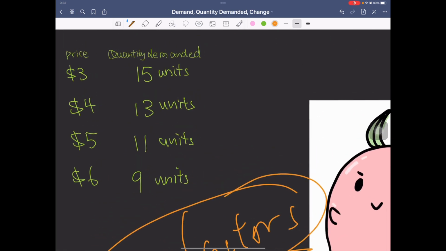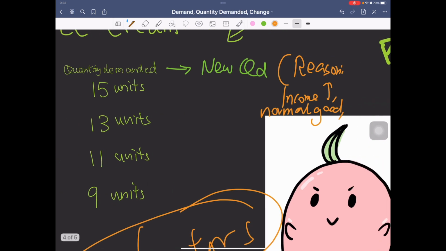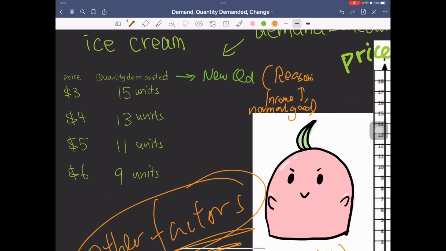So let's say I become richer, so I have a new quantity demanded for ice cream. The reason is the income increase. I treat ice cream as a normal good, so when my income increases, I will buy more ice cream. Why not?